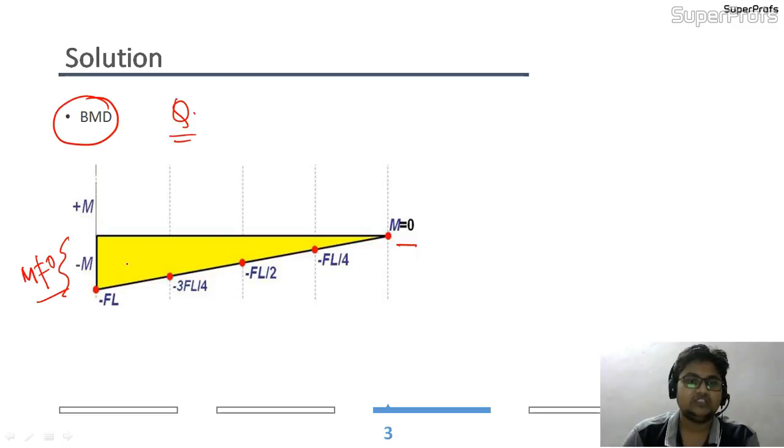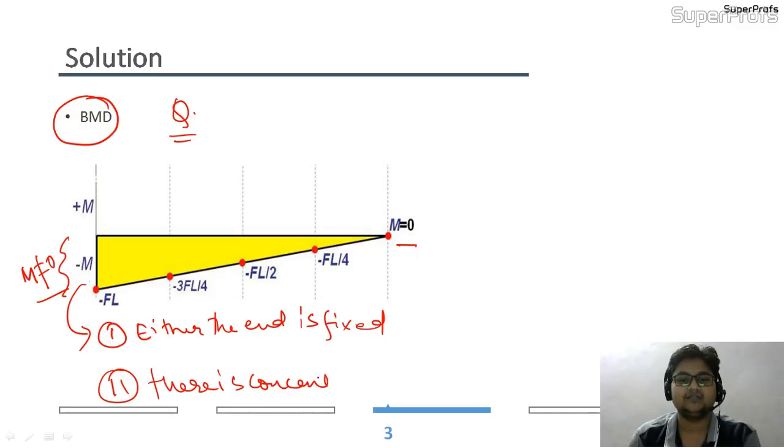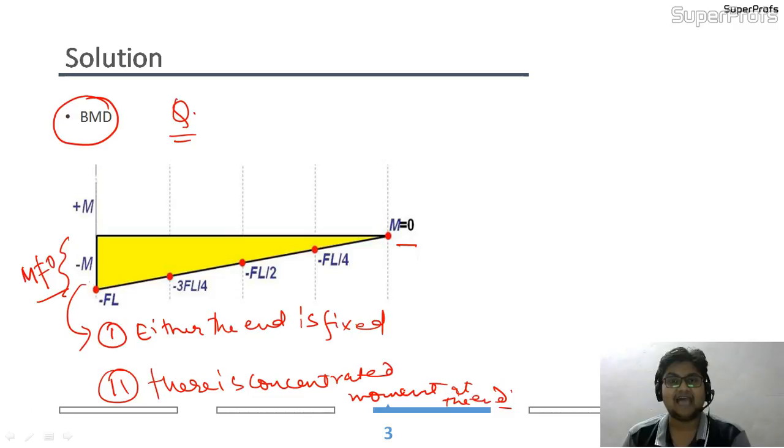So if the bending moment diagram has non-zero bending moment at the end, the conclusion that I can draw is, either the end is fixed, or there is a concentrated moment at the end.